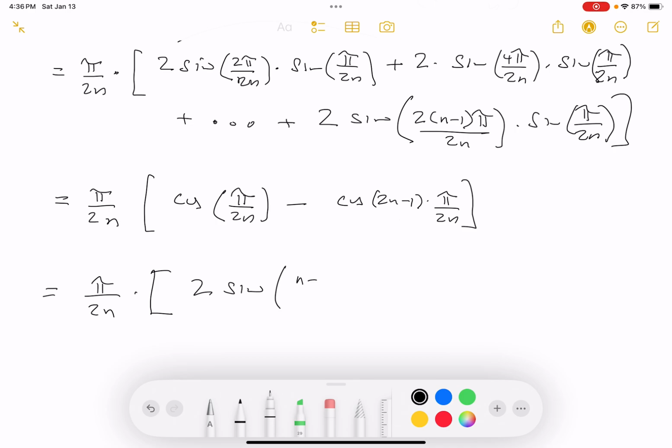All right, so let me put this down. (n minus 1) pi over 2n times sine of pi over 2. Let me just go back and make sure that we did do something like that before, so I'm not making that stuff up. Yeah, we did that before. All right, so let me look at what I can do with that.